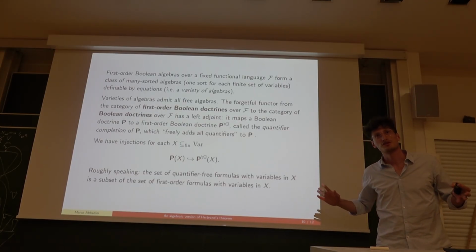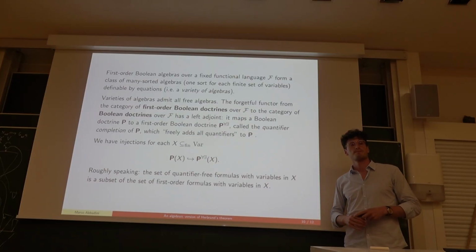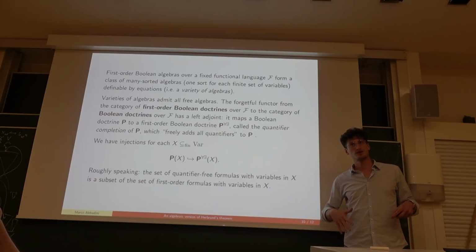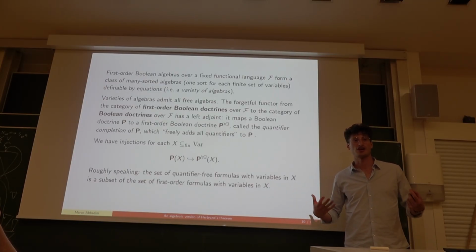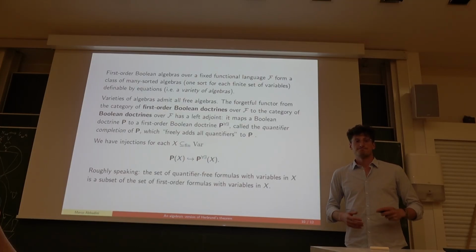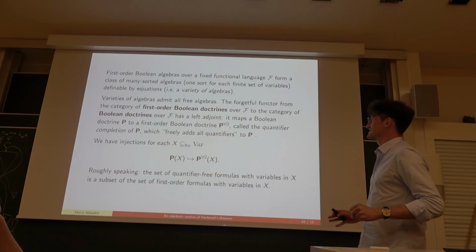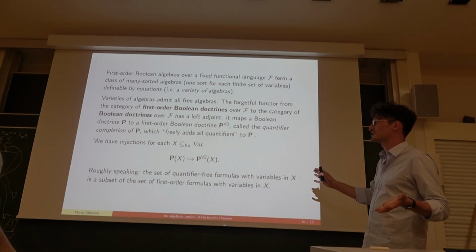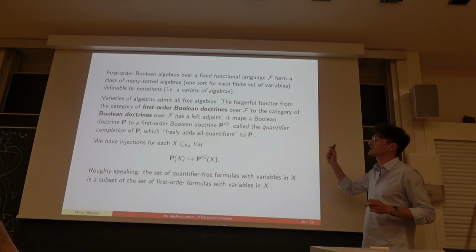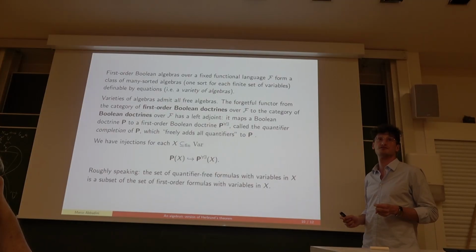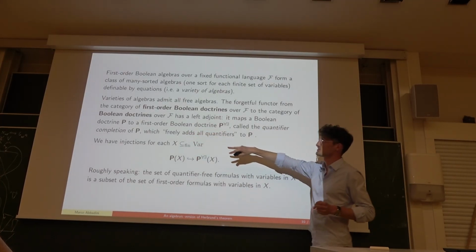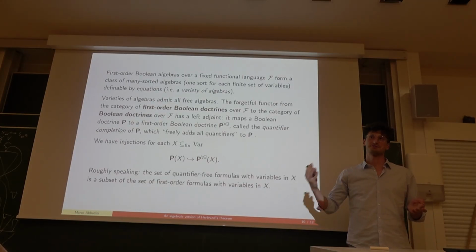So they form what is called a variety of algebras, and this implies that all free algebras exist. We can do free constructions. Okay, in these settings, it means that the forgetful functor from the category of first order Boolean doctrines over F to the category of Boolean doctrines over F. So we don't have quantifiers anymore in Boolean doctrines. This has a left adjoint.